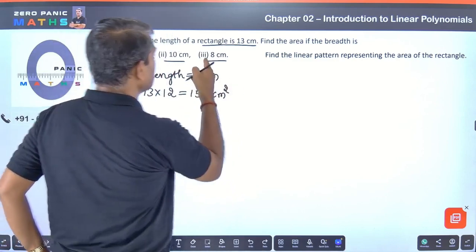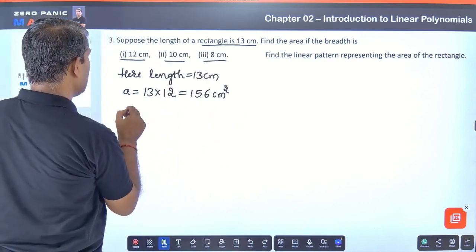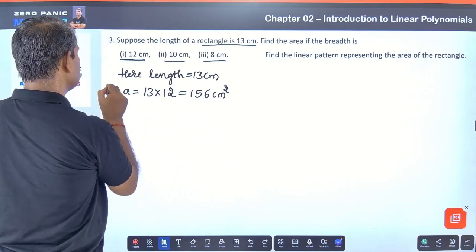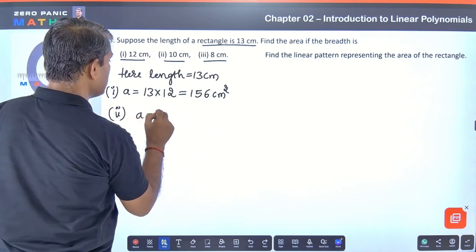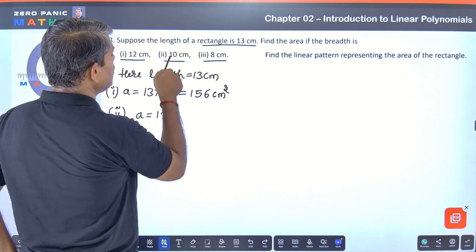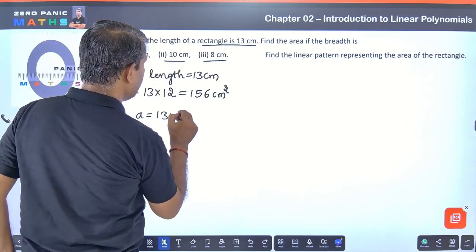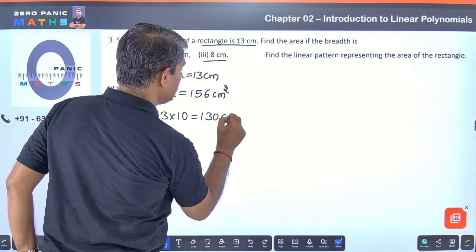That is the answer to the first question. Similarly for the second question, let me quickly find out the area by keeping 13 as the length and substituting different values of width for every question. It is 130 centimeter square.